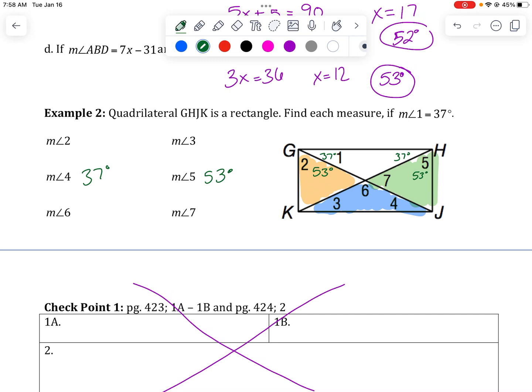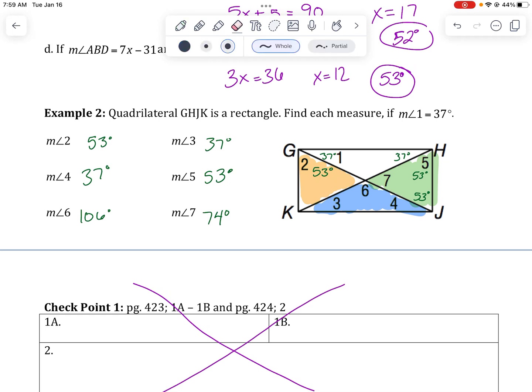Four is going to have to be 37, 3 is going to have to be 37. So that's 74 between these two, which leaves me with 6 is 106. And then angle 7, 53, this would have to be 53. And then this is going to be 106, that's going to have to be 74 degrees.